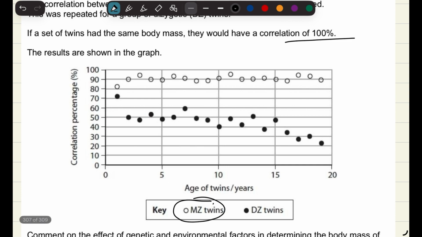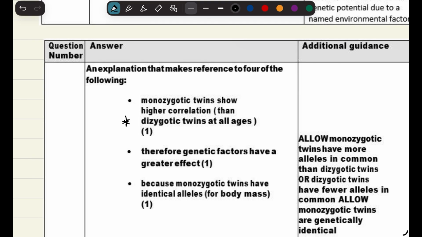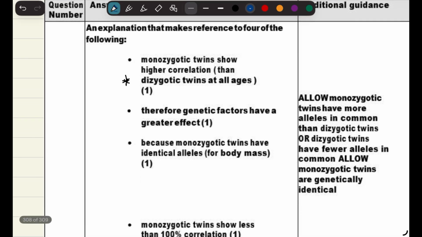So when you're going about answering this question, we're definitely going to want to say, well, monozygotic twins have the exact same DNA, right? So we've said higher. That was the observation. Then afterwards, we're going to draw a conclusion, because we're commenting, right? Genetic factors have a greater influence.